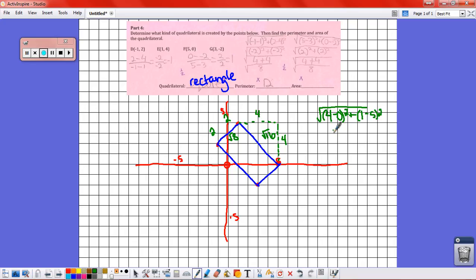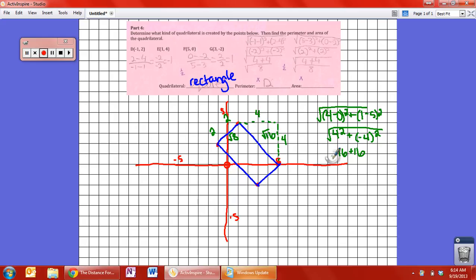So I get 4 squared plus negative 4 squared, but because I'm squaring it, it becomes positive anyway. So I get 16 plus 16. See, this is why it's important to do it both ways, because I just realized I missed a step over here. So you get the square root of 32, because I should have done 16 plus 16 is 32. Square root of 32 for this side.